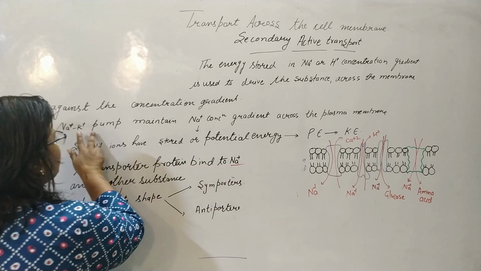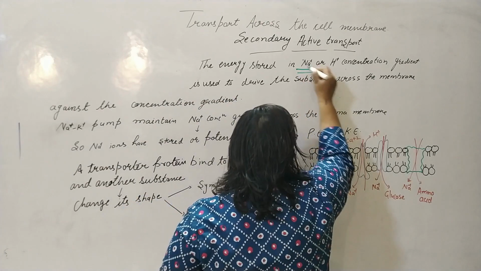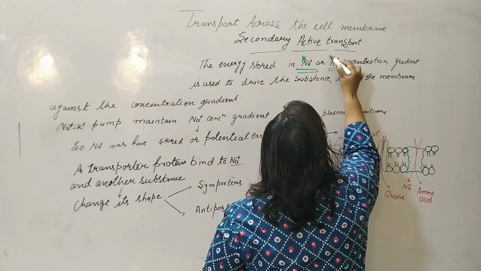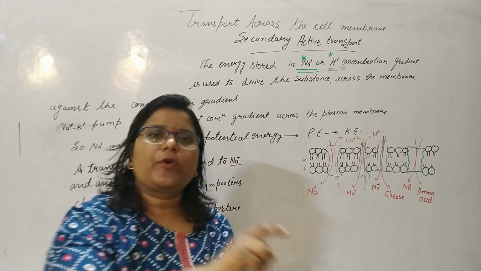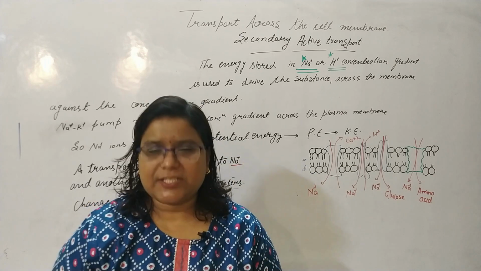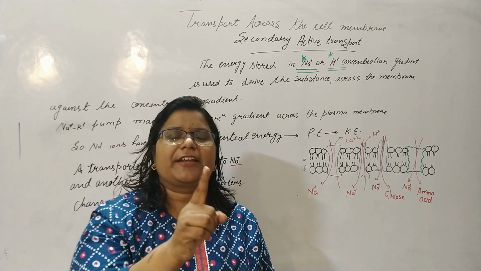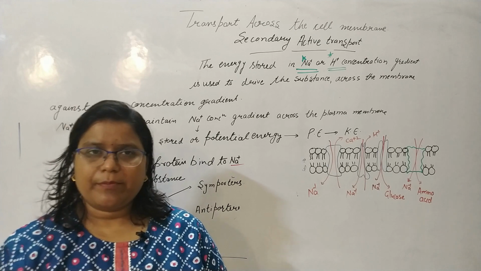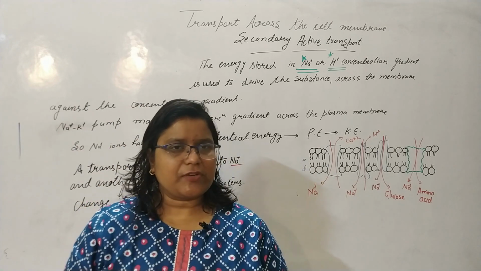So the sodium or hydrogen ion concentration is very important to maintain the concentration gradient, and this sodium ion concentration gradient is maintained with the help of primary active transport, the sodium potassium pump. So be careful: secondary active transport will not proceed without the help of primary active transport, because secondary active transport is totally dependent on primary active transport.